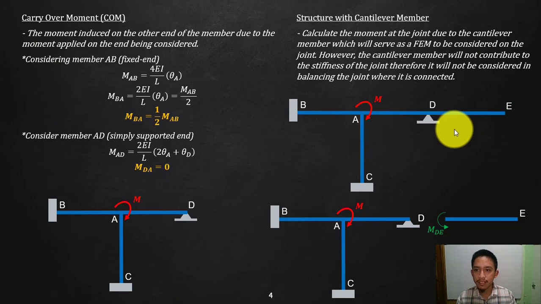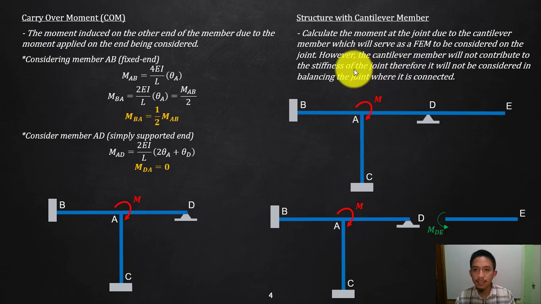So how is that? In the analysis of consistent deformation and moment distribution, in this moment distribution method, we will cut the cantilever, and whatever moment is carried by that cantilever will still be there, but it will later be applied only as the fixed end moment on the other side.